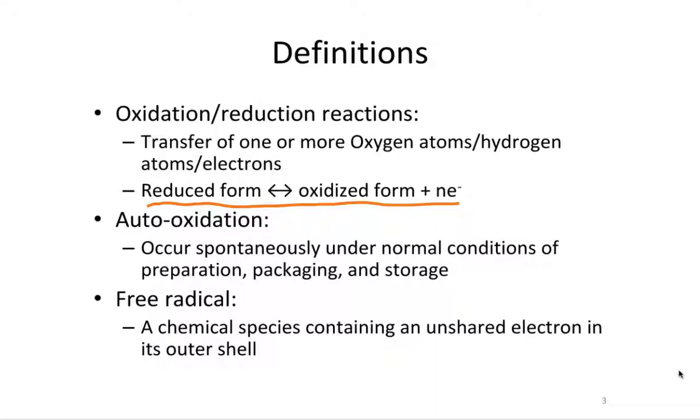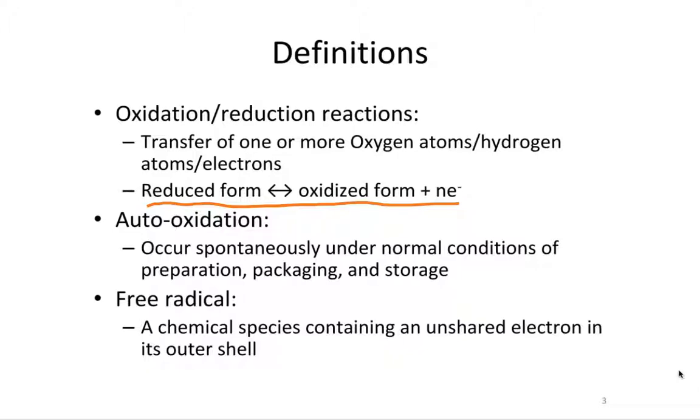There's a particular type of oxidation reaction that is called autooxidation. This is of the most concern as far as pharmaceutical solutions are concerned. These autooxidations occur spontaneously under normal conditions without actually even adding a reagent or anything additional to these solutions. These occur under normal conditions of preparation, packaging, and storage.